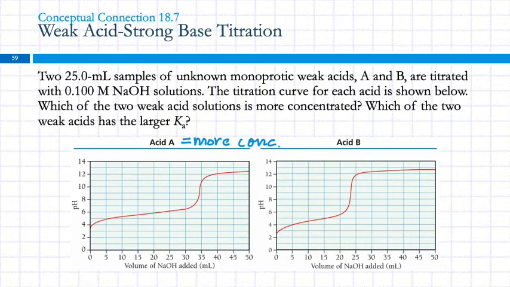But where's the easiest place to find the Ka on a titration curve? It's called the half-equivalence point. So that's the equivalence point, and then half of that is somewhere in here. There's the equivalence point for this one, and half of that is going to be down here somewhere.